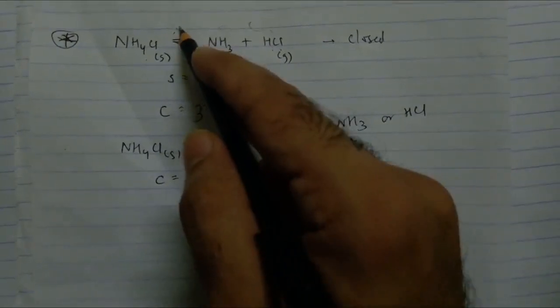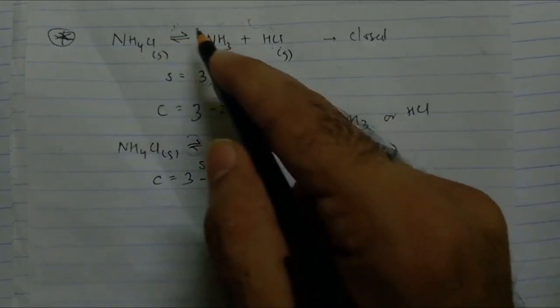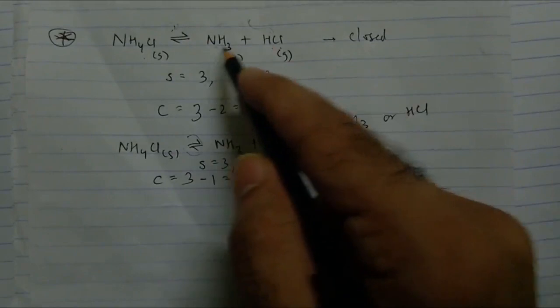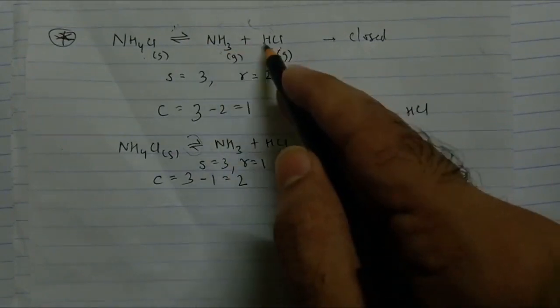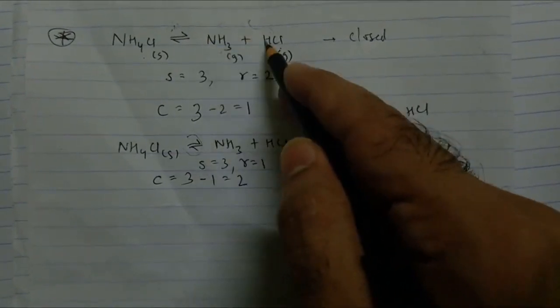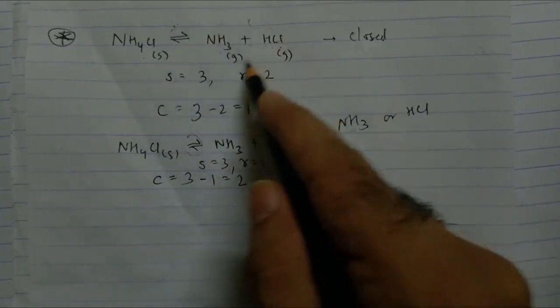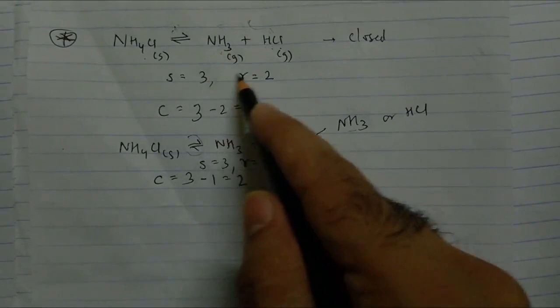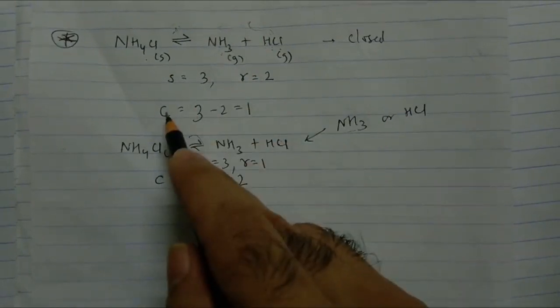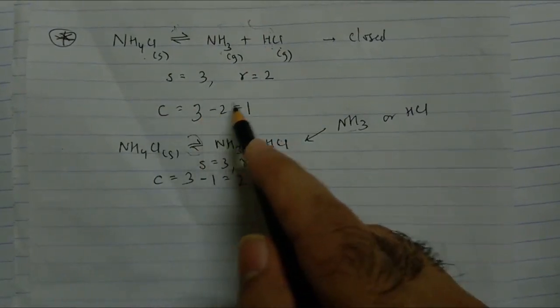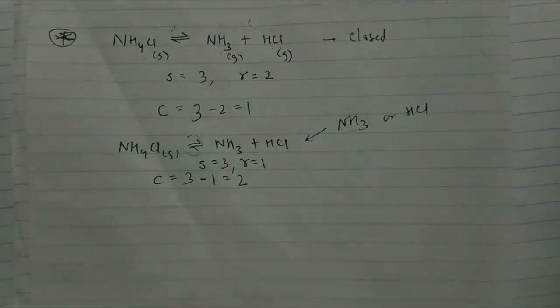One equilibrium exists between NH4Cl, NH3 and HCl, and another is that NH3 and HCl are also in a 1:1 ratio. So one is from this equilibrium, the other from the relation between these two. That is why R is equal to 2. So C, the number of components, is equal to 3 minus 2, which is 1. So this is a one component system.